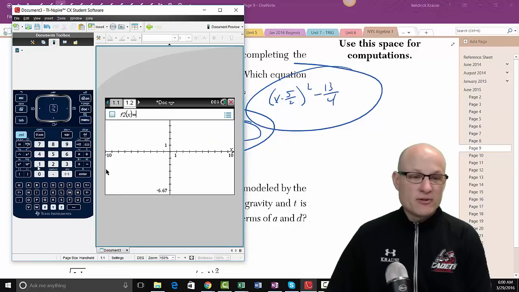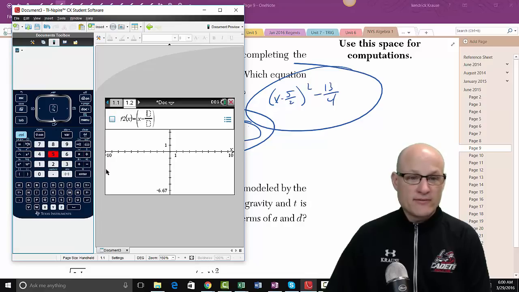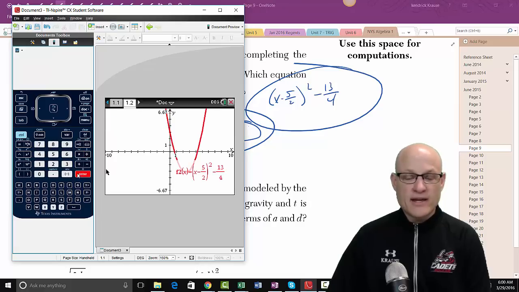So if I graph parenthesis x minus 5 over 2 squared minus 13 divided by 4, I'd get that.